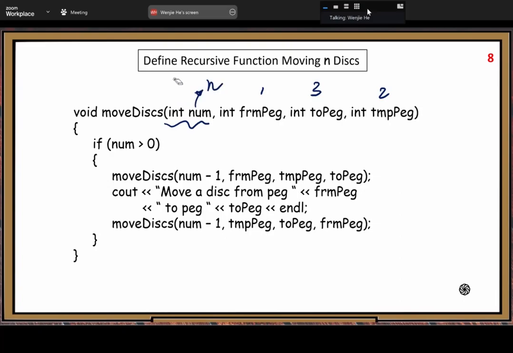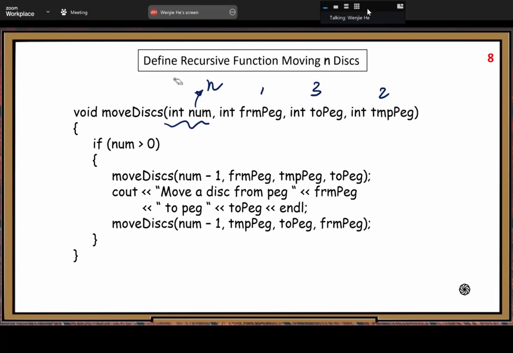Then, if the disk number is greater than 0, you implement the 3 steps. You call this function recursively for the disk number n minus 1.